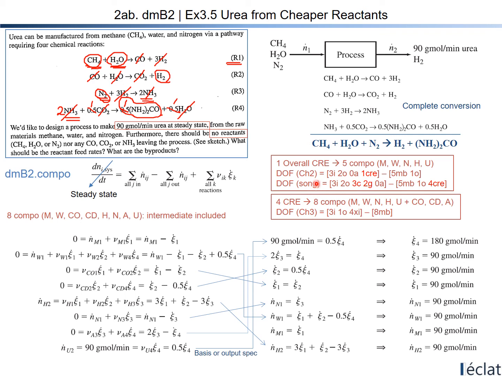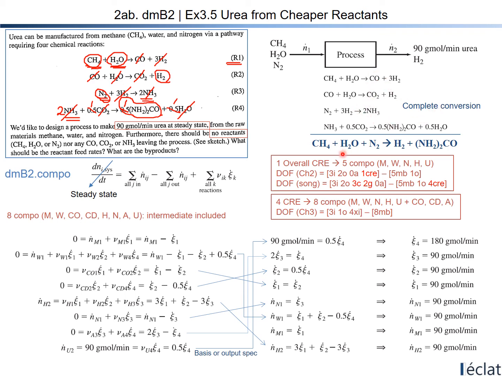As the step A, I'd like to define the components for materials balance equations for estimating the number of material balance equations. So I have said we don't have any intermediate and also reactant in the upstream. It means complete conversion. So in that case, we don't need to think about the intermediate.